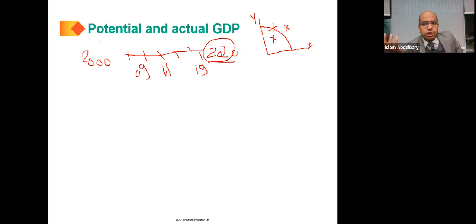What is the meaning of potential GDP? This is the maximum production possible to produce in Egypt in 2020 without pushing prices up, without hiking inflation. So this is the potential GDP.